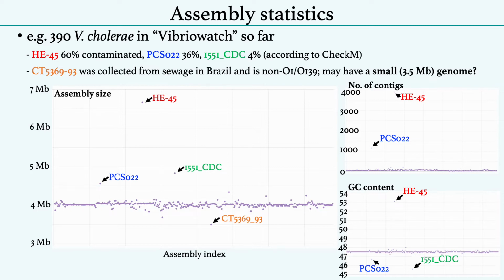This isolate was collected from sewage in Brazil and is a non-O1 isolate, so is distantly related to the 7 pandemic lineage. This makes one wonder, maybe it has truly a very small genome of 3.5 megabase and represents a genomic variation from the reference isolate.